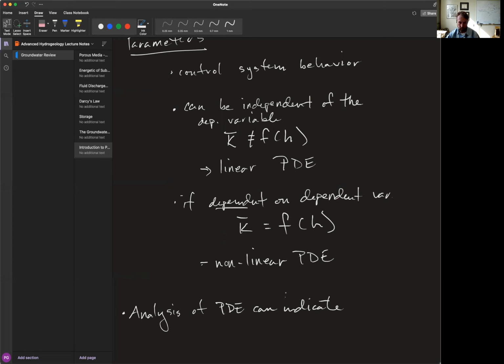Are we saying that the head is constant with time, steady state, or are we saying that the head varies with time, transient? All right. But we can also look at how the parameters change with respect to the independent variables.